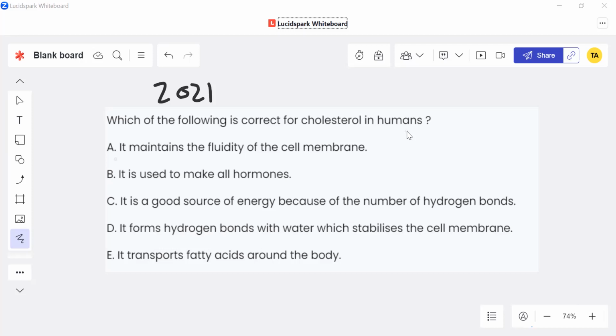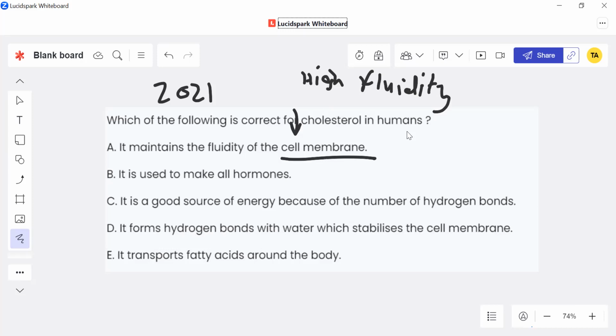Sarah is saying A. A is it maintains fluidity of the cell membrane. That is right. Cholesterol would maintain fluidity. If you want high fluidity, then you would decrease the cholesterol molecules.